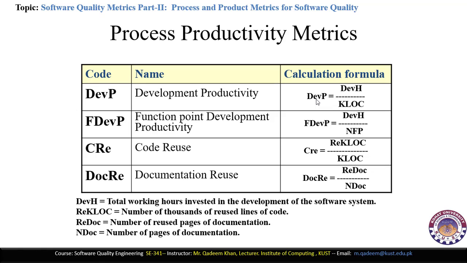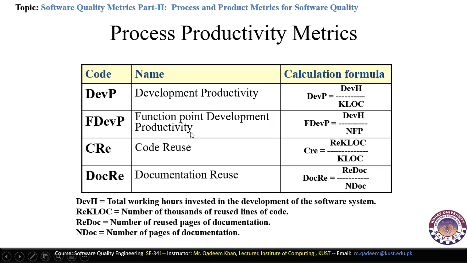Development productivity is equal to DEVH divided by KLOC, thousand lines of code. Here the total working hours invested in the development of the software system are the development hours. So all the development hours are added and divided by 1000 lines of code. Then the particular value is obtained, which is the development productivity metric.